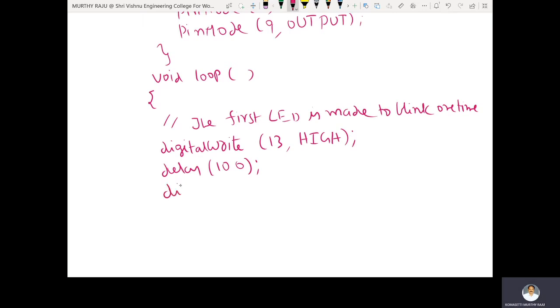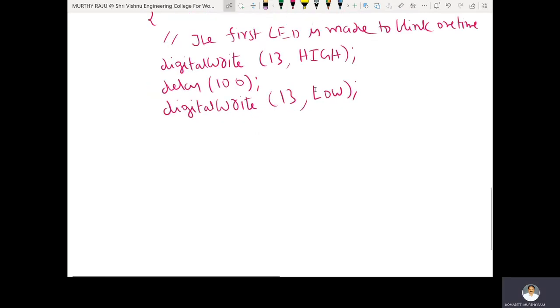Digital write, thirteenth pin low, delay 100 milliseconds. Okay, coming to the next one, the second LED will blink 2 times. First LED blink 1 time means by using these statements.